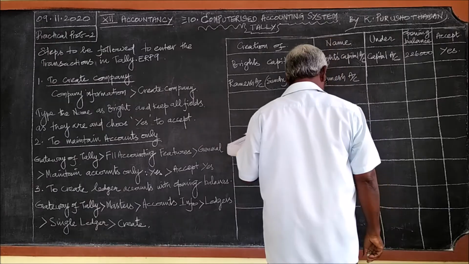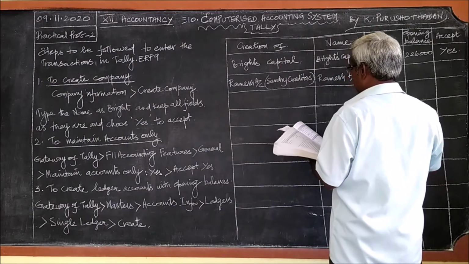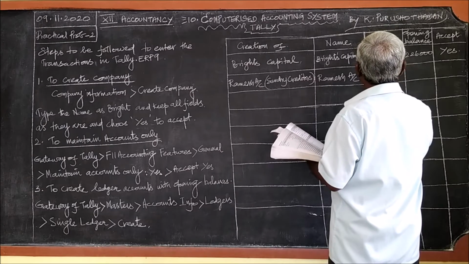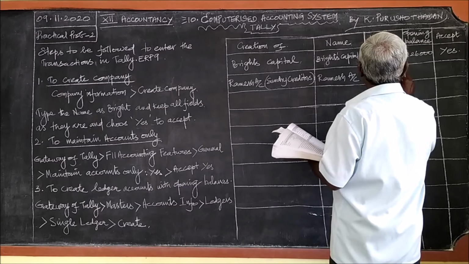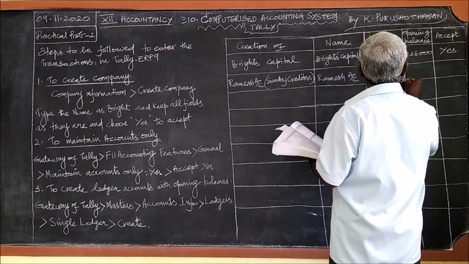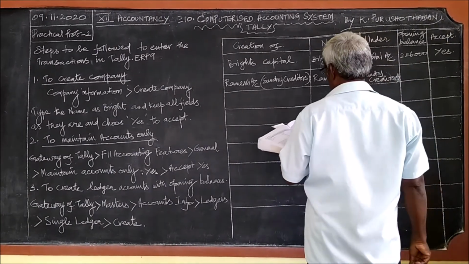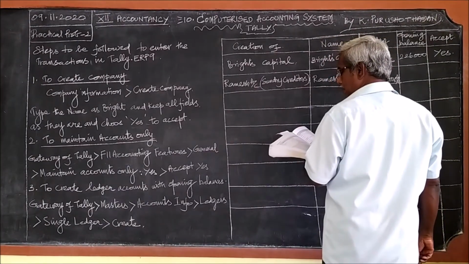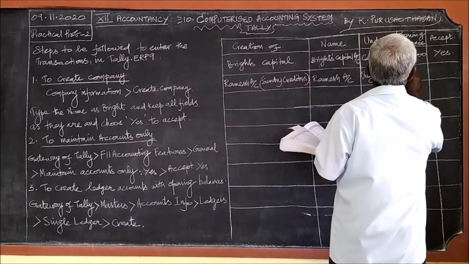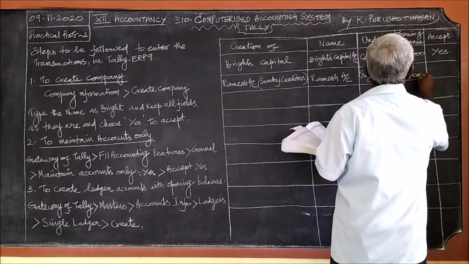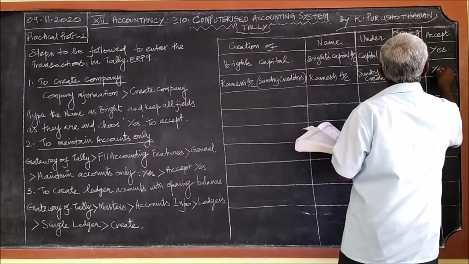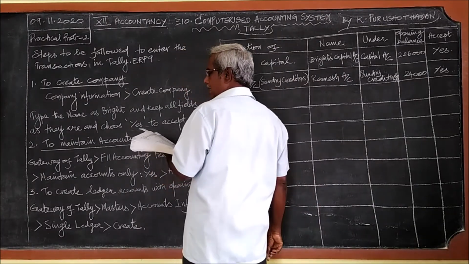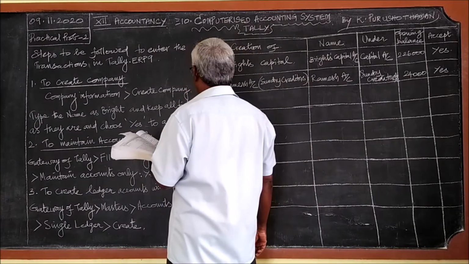Under what account it should be created? It should be created under sundry creditors account. Then the balance given in the liability of the balance sheet, Ramesh account 24,000. So everything is over except yes. Then we have completed the liability items, capital and Ramesh account.